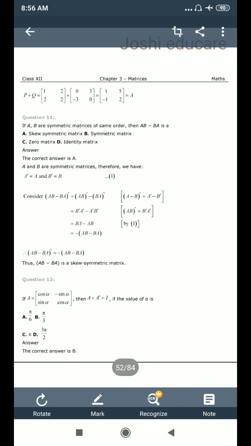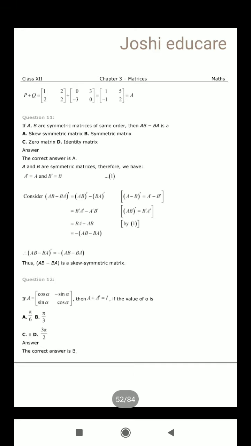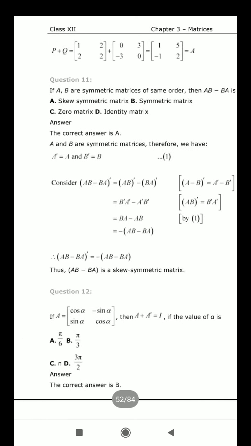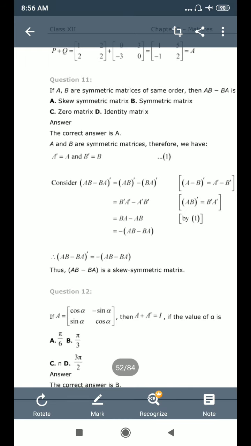In this question, what is given? A and B are symmetric matrices. What's the meaning of that? As A is a symmetric matrix, A transpose will be A only. And B is also a symmetric matrix, so B transpose is also equal to B. It is given.